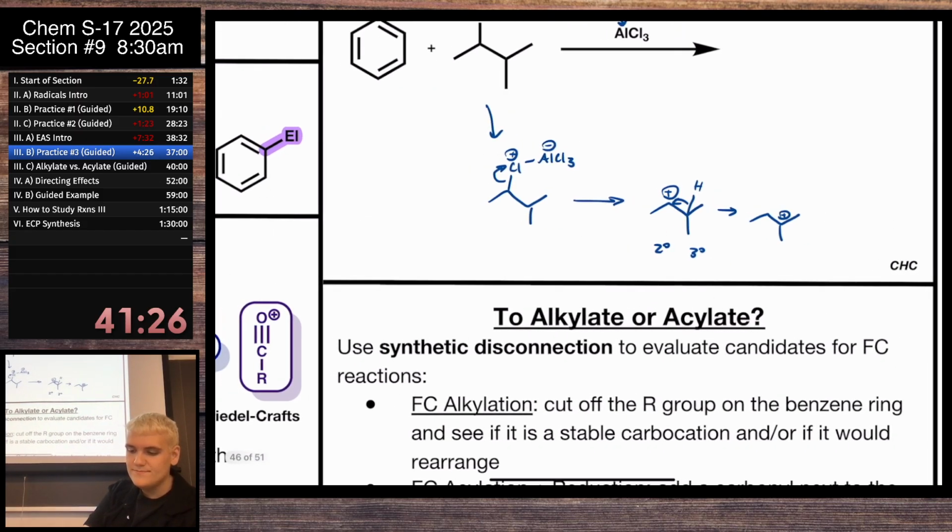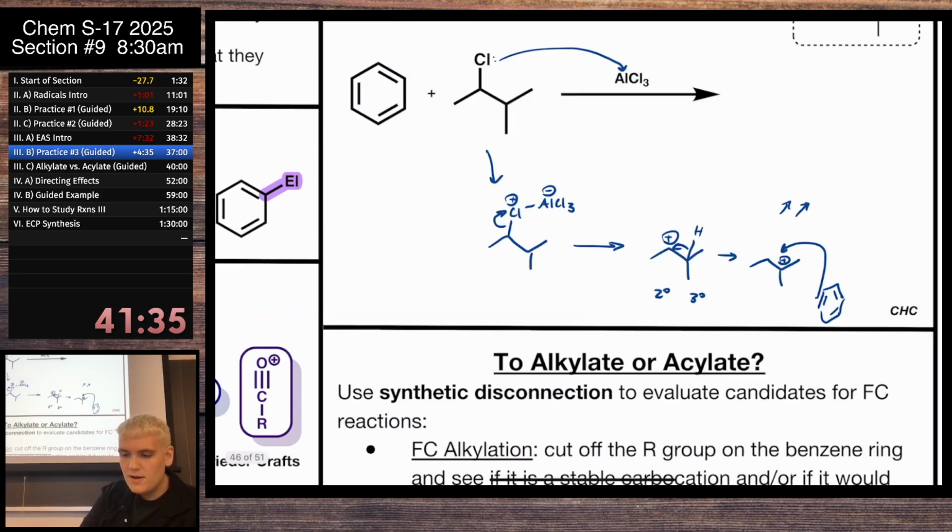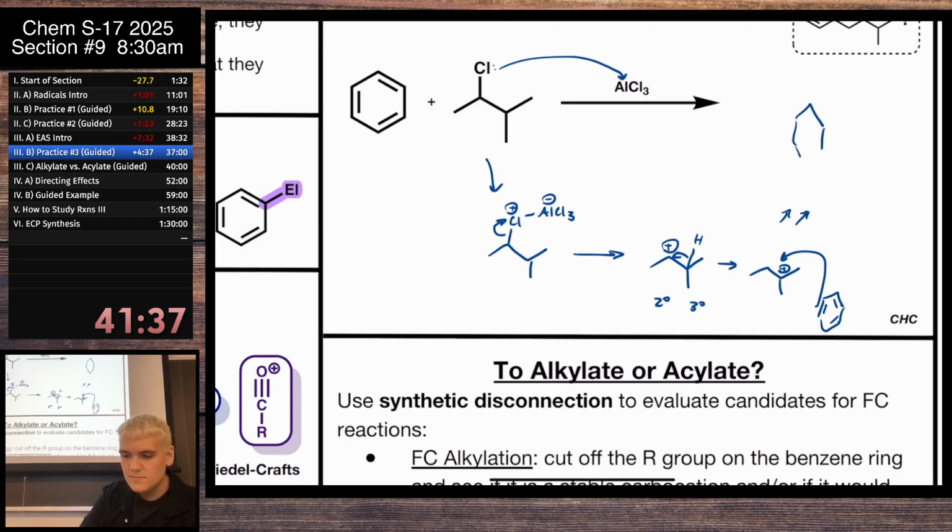Gross. So now we would go and attack, and we would do the rest of our EAS mechanism, and the product that we would get here looks like this. So we've connected it at this carbon that used to be this tertiary carbon.